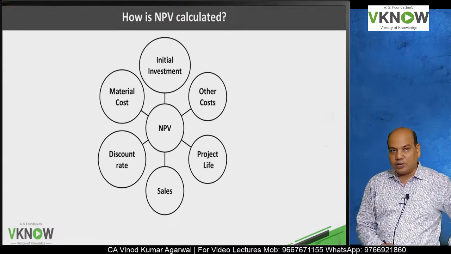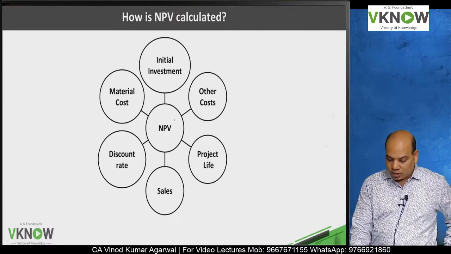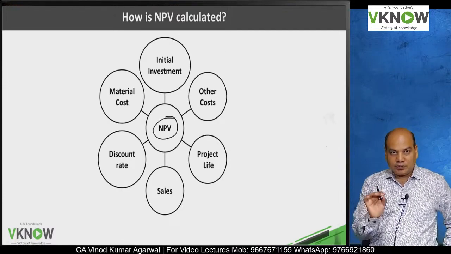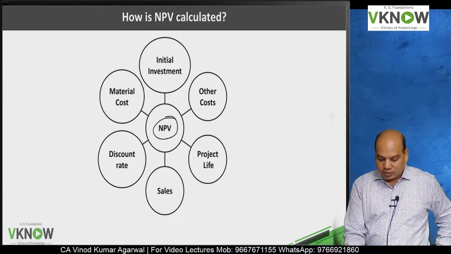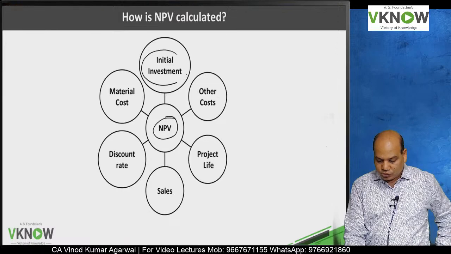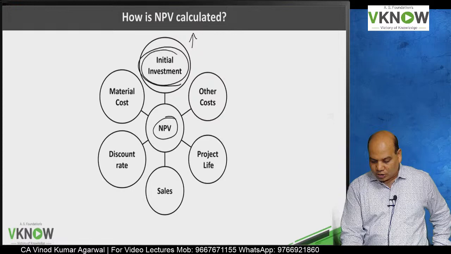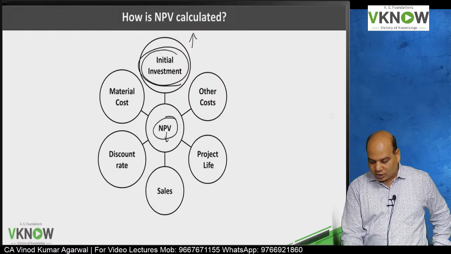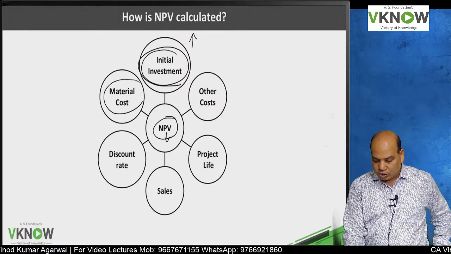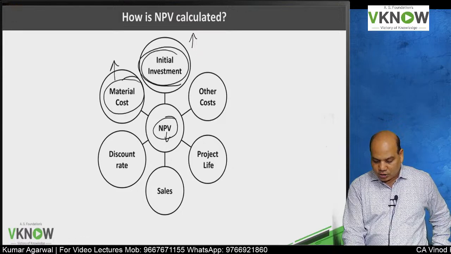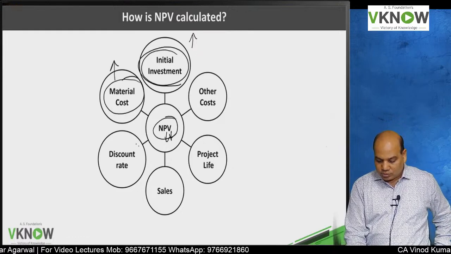You have learnt in the capital budgeting chapter that NPV is affected by several variables, like cost of the project, initial investment. If this goes up, NPV will go down. Material cost, if it goes up, NPV will go down.